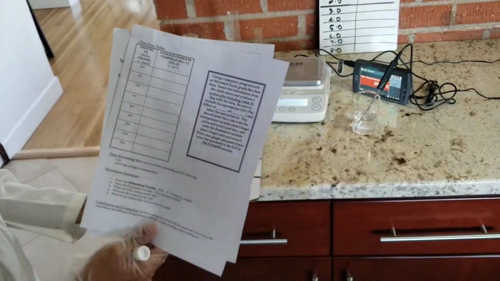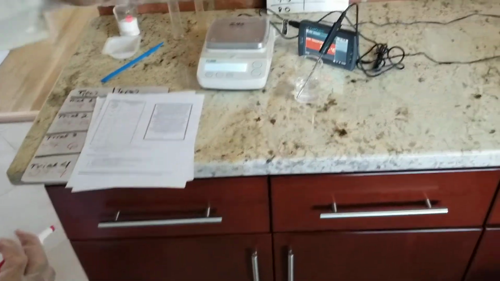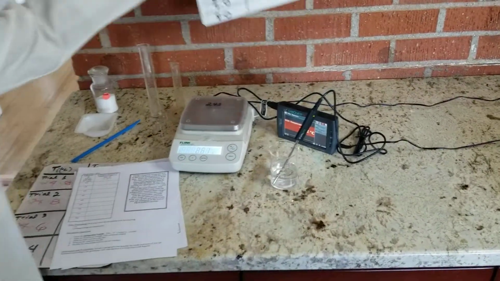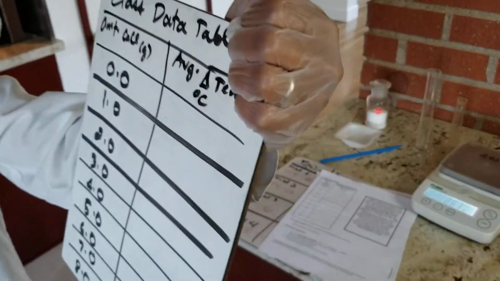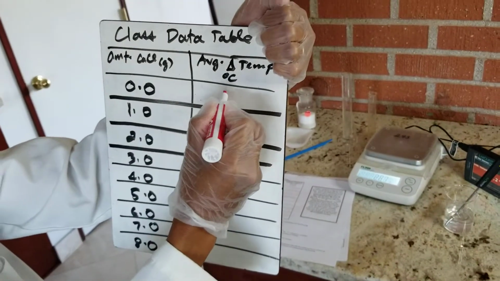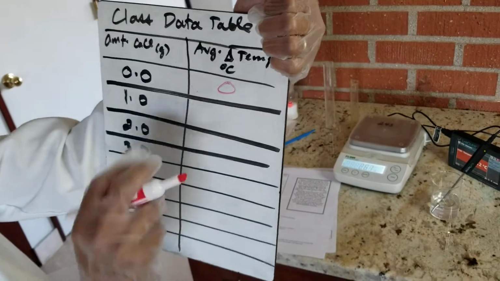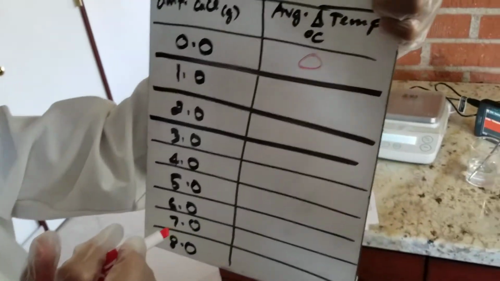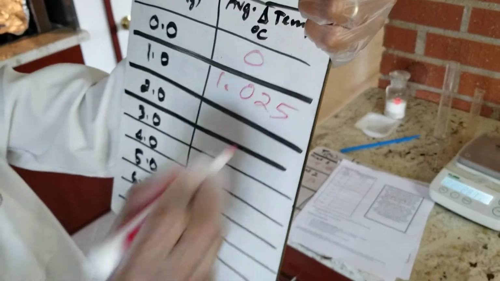So let me give you the data for the remaining class data here. Okay, so in a previous experiment, what if the average change in temperature at 0 is 0? There's no change. All right, at 1, it will be 1.025.